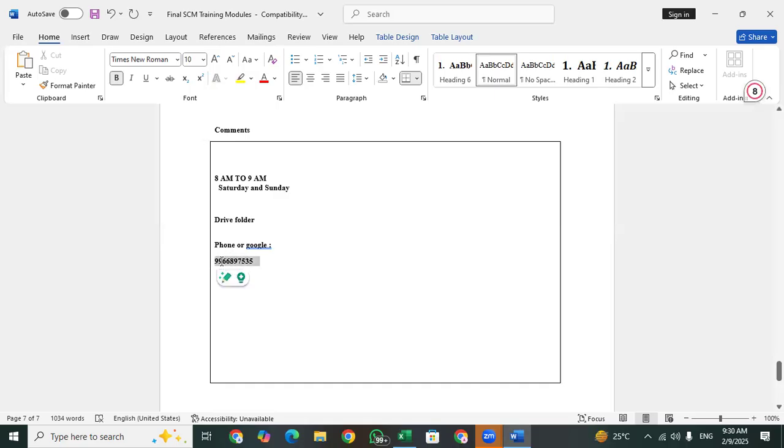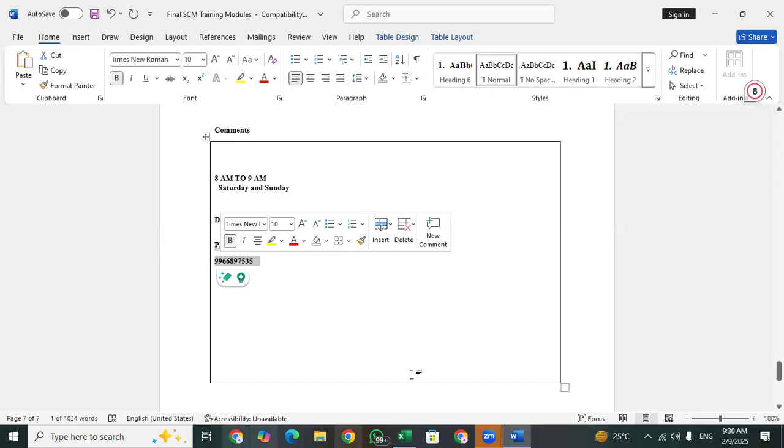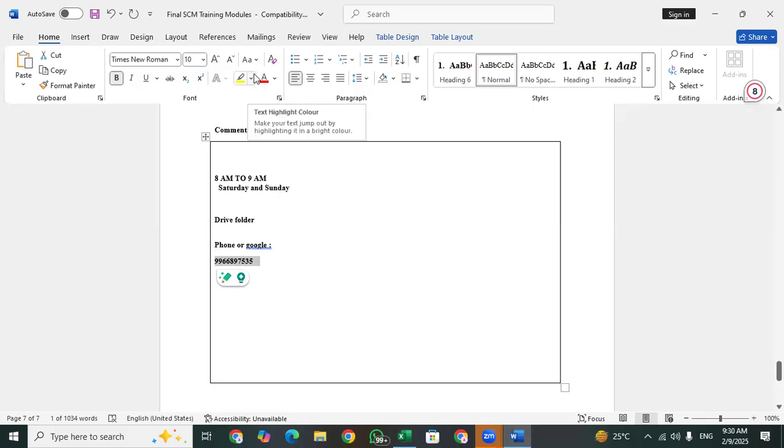All the monitoring, server and class updates will be shared there, and every day the Zoom link will be changed and sent in the WhatsApp group. All the batch members will be in the group itself. Any doubts?